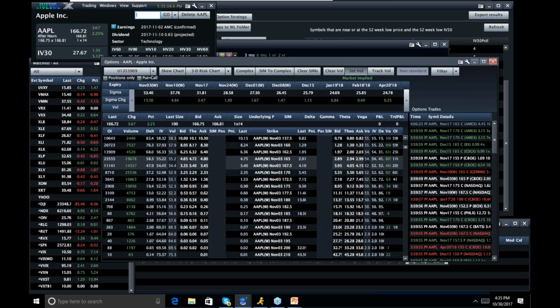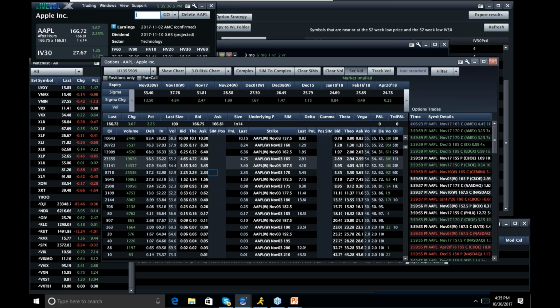So I can buy, look at this, the 177s and the 175s. The 177.5s in particular are interesting. Look at the 170s.